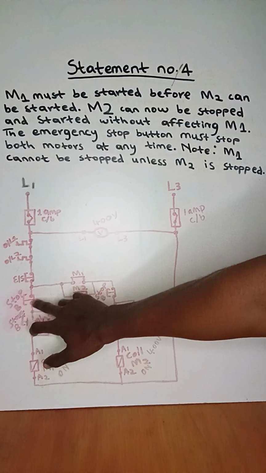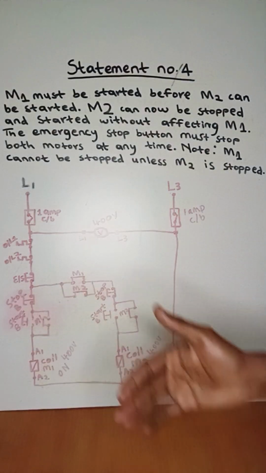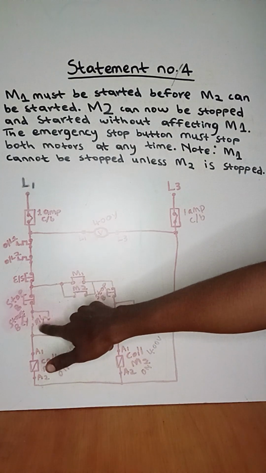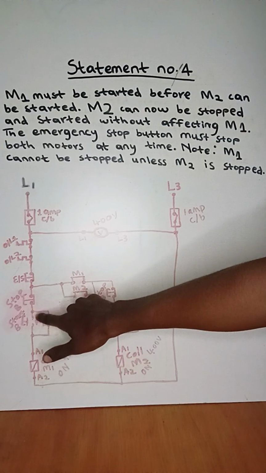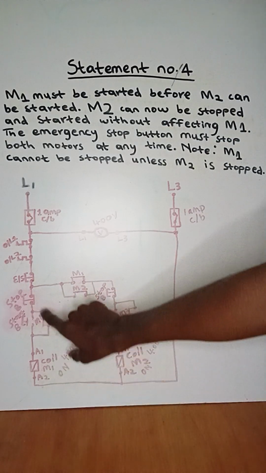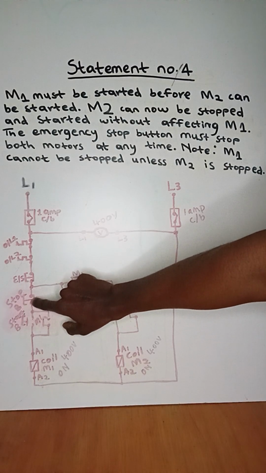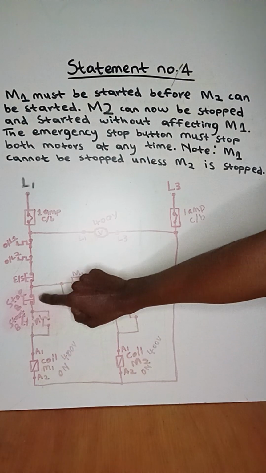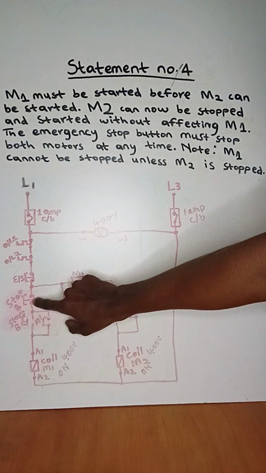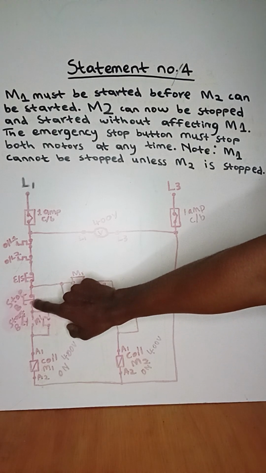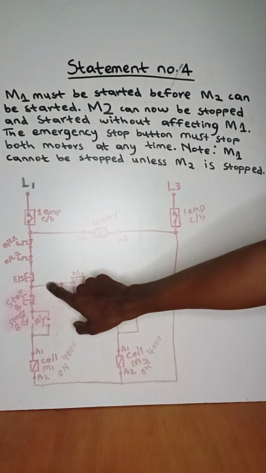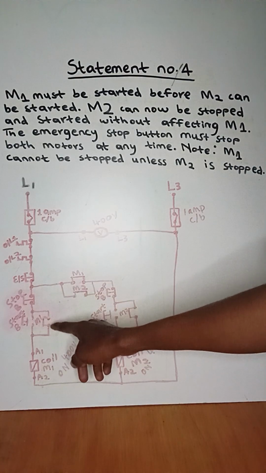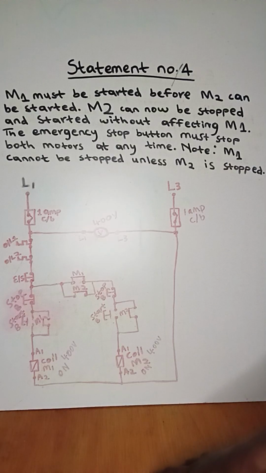So we must back up the stop button of motor 1 so that when we press it, and it creates an open contact, it shouldn't cut the live current from live 1 flowing all the way to the coil. So it simply means when the stop button of motor 1 creates an open contact here and affects everything after, we must help the open contact that will be created when we press the stop button with a contact that will help the live current to still flow all the way to A1.